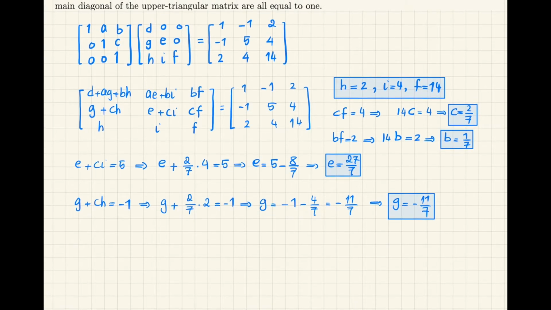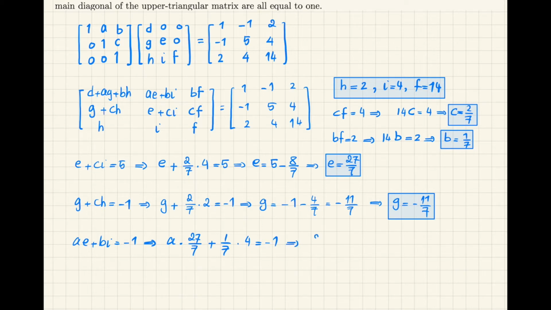Now I can go here and compare these two, yes? So AE plus BI is supposed to be equal to minus 1. So what is A? We don't know yet. But do I know E? Yes, it is 27 over 7. Do I know B? Yes, it is 1 over 7. And I know that I is 4. The answer is supposed to be equal to minus 1.